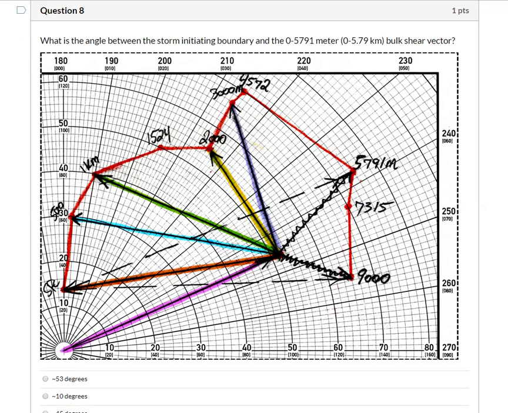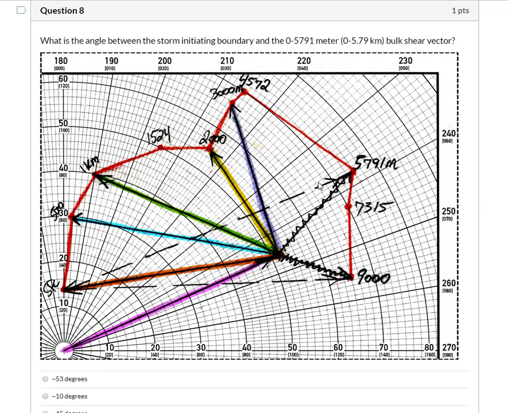What is the angle between the storm initiating boundary and the 0 through 5791 meter bulk shear vector? This one right here. The dashed black lines. And the reason I'm asking this question is not only is it a good exercise, but there's some research that was done, I believe by Howard Bluestein from the University of Oklahoma years ago.